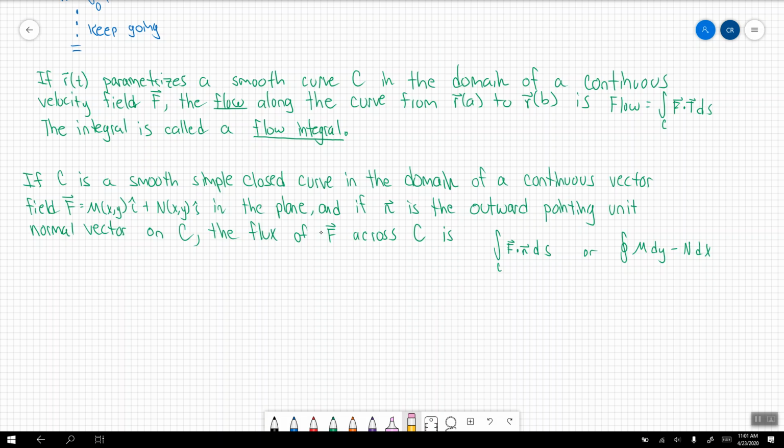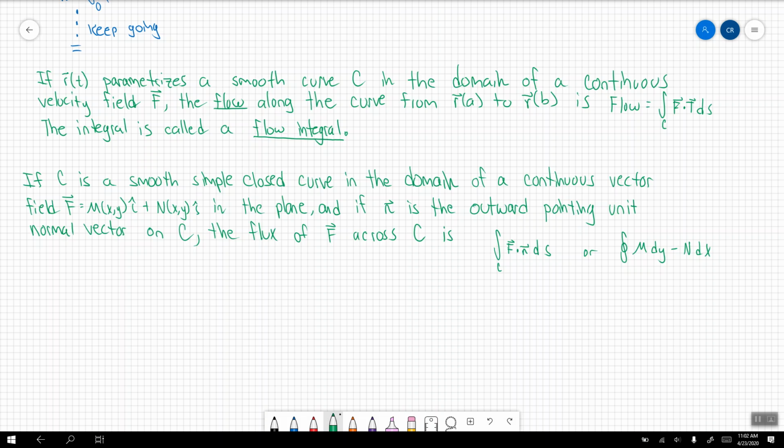And then we're going to define the flux. The flux of the vector field across this given curve is going to be denoted by this type of integral here. Either we can use this piece of information here, if we have some vector field and a normal vector, then we can use this process, or we can use this new notation here, where we have an integral denoted with a little circular symbol right in the middle.